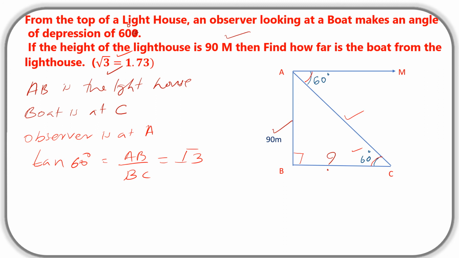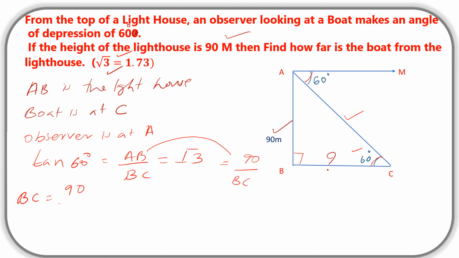That means BC is equal to 90. In this we know that AB is equal to 90 upon BC.